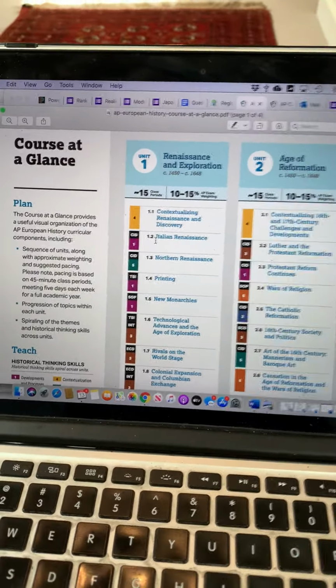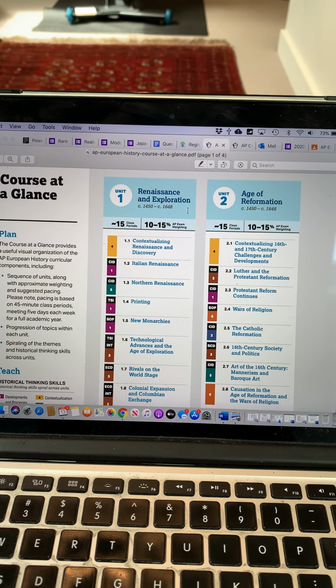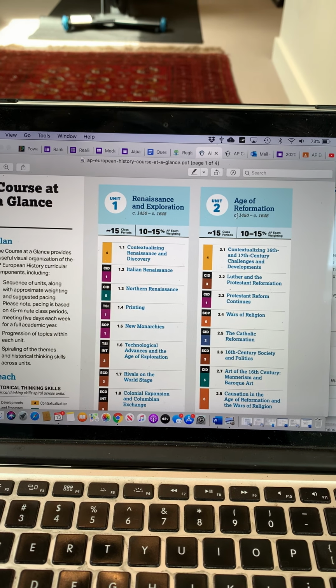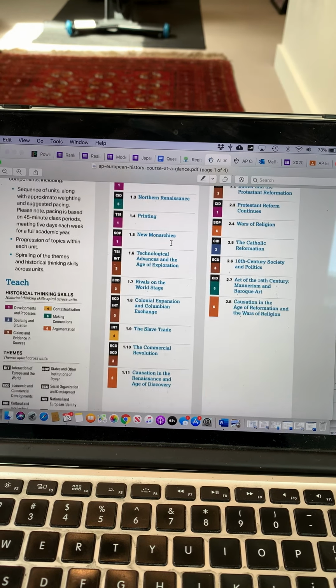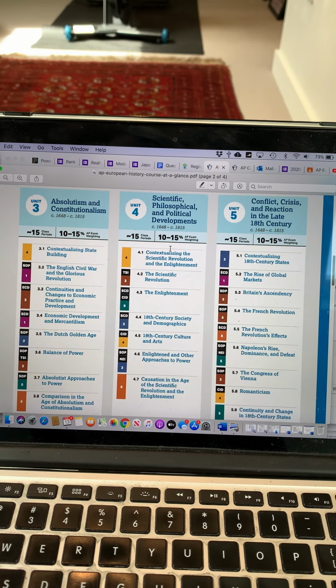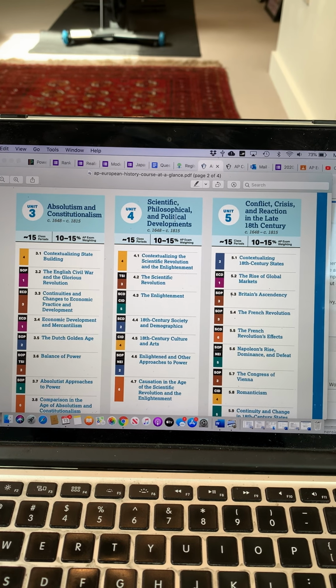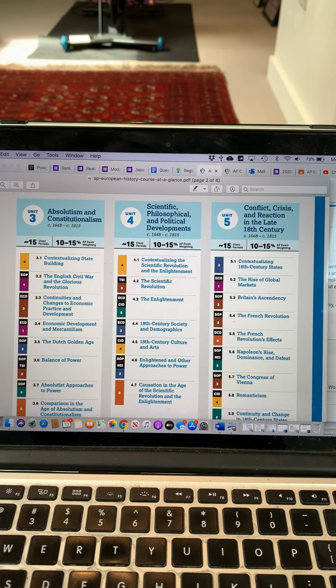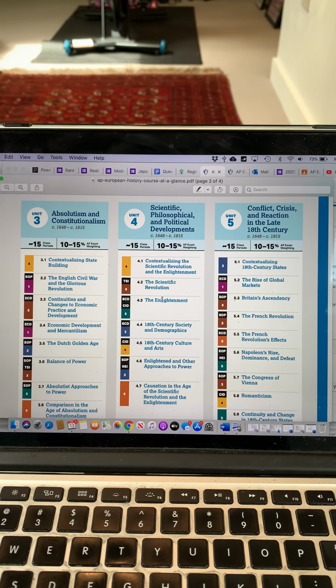So anyway, if you look at this course at a glance, I'll attach a PDF of it. This week we'll be reviewing Renaissance and Reformation and Exploration. The following week, we'll be looking at absolutism and constitutionalism, scientific revolution and enlightenment, and finally the French Revolution. That's next week.